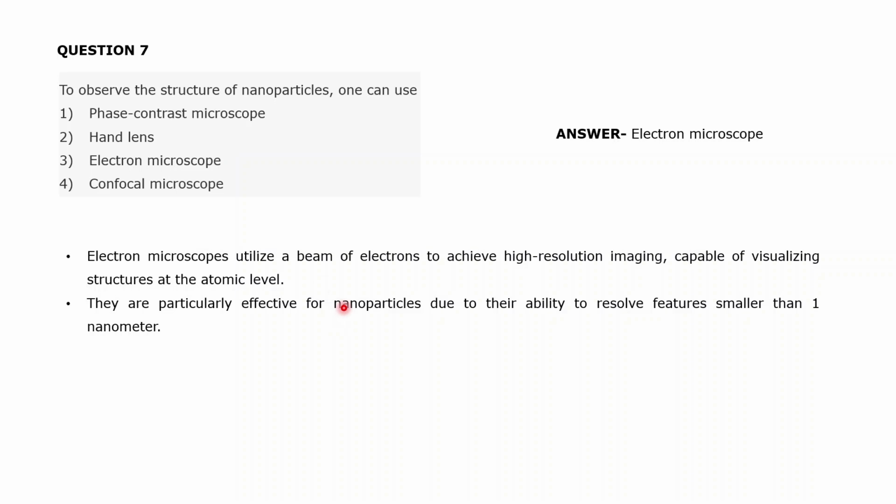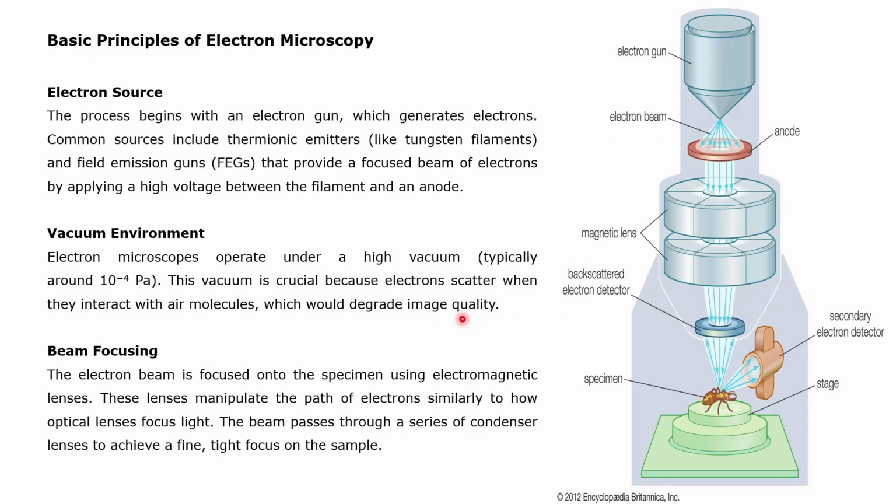So I will just describe this. This is the basic instrumentation, how the electron microscope is actually made. What are the components of a microscope? If you see, there is an electron gun.